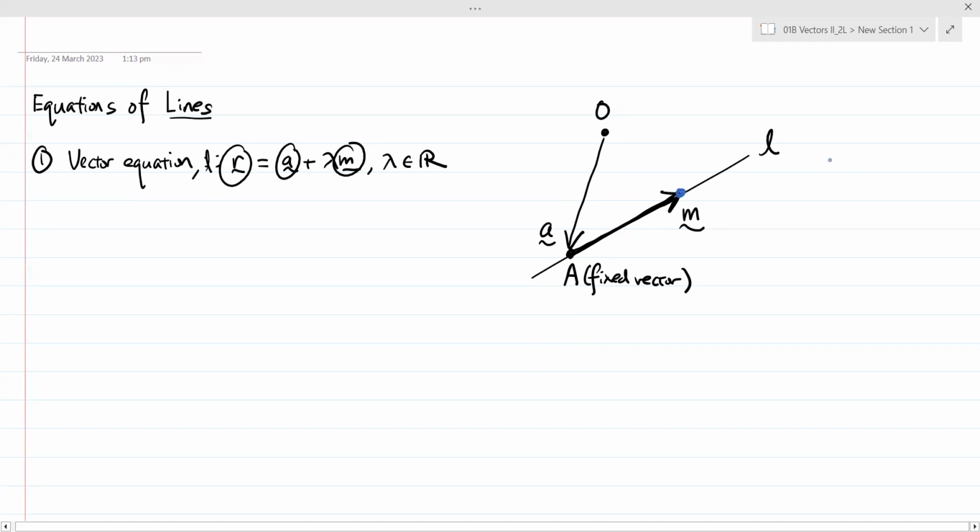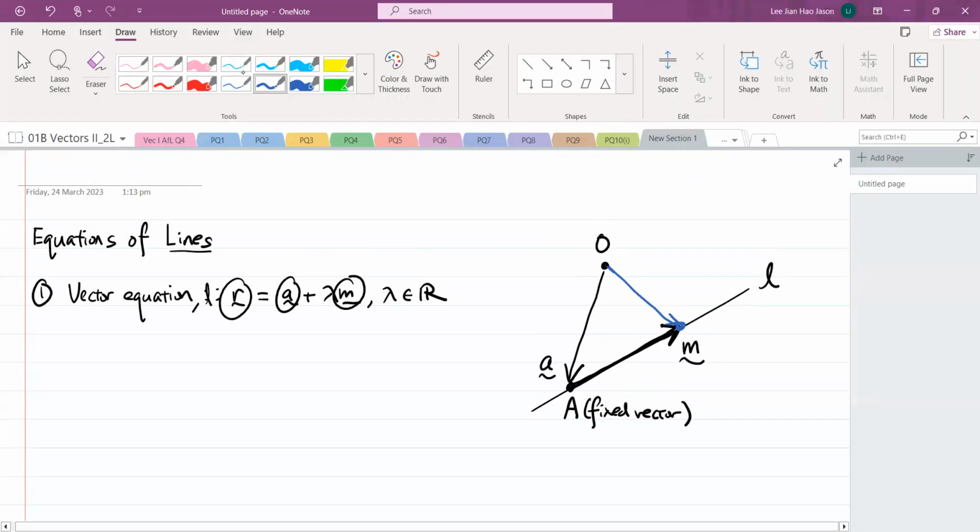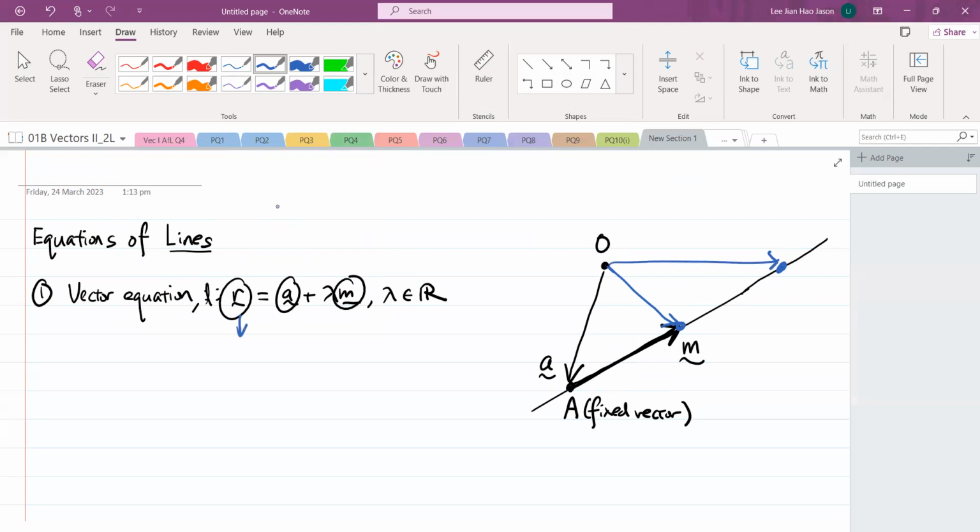Here, right? a plus m, vector algebra. So this is one possible r. Then if I draw the line a bit longer, a plus 2m, this is another point. So you must understand that this means the position vector of a variable point on the line.